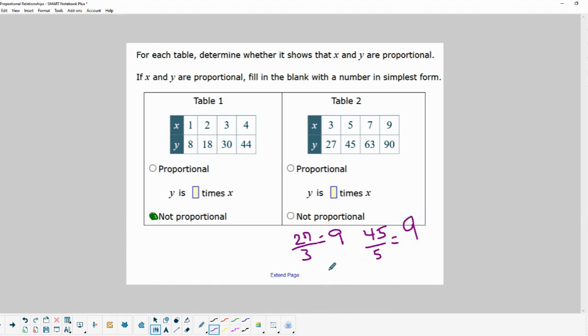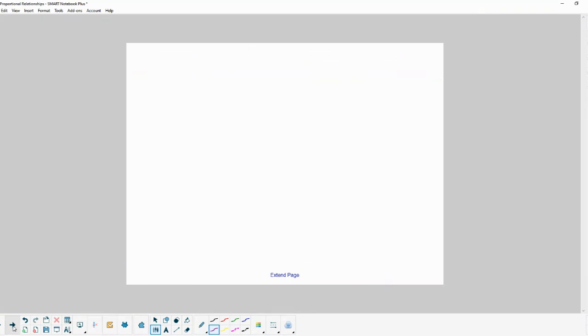Then 63 over 7, and 63 divided by 7 is also 9. And then the last, I'm going to do 90 divided by 9. Well, that equals 10. So we were looking really good until we got to the last step. And it doesn't work on that last step, so it's not proportional. So you got to check out all the steps.